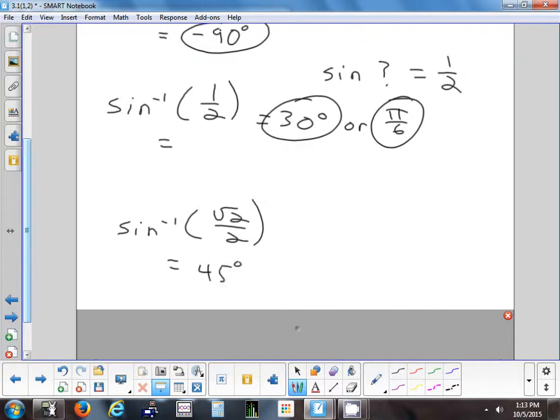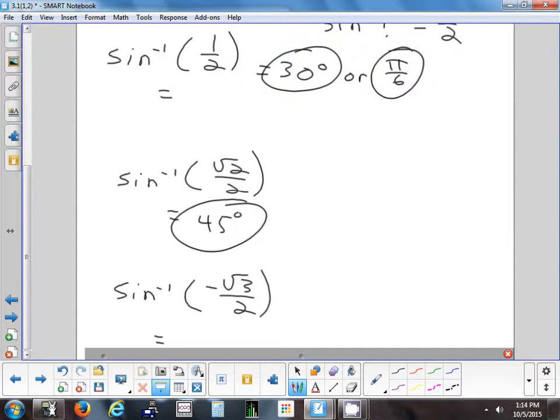Okay, that's the same as negative 315, but that's not between what we wanted. And does anybody see where else it happens? 135. 135, which is the same as negative 225. Again, neither one of those are between negative 90 and 90. Okay, questions on that one? So that's the angle. If you take the sine of 45 degrees, the answer is root 2 over 2.